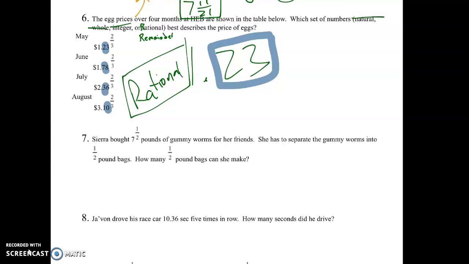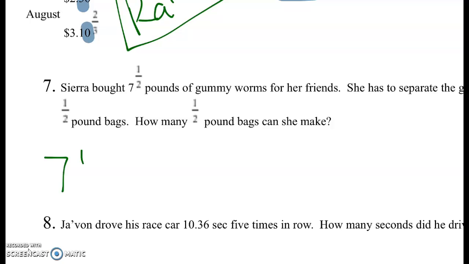So whatever's getting divided, you write that first. So we have 7.5 pounds of gummy worms. We are dividing that into half-pound bags. So you could actually do this in your head. How many times does a half go into 7.5?